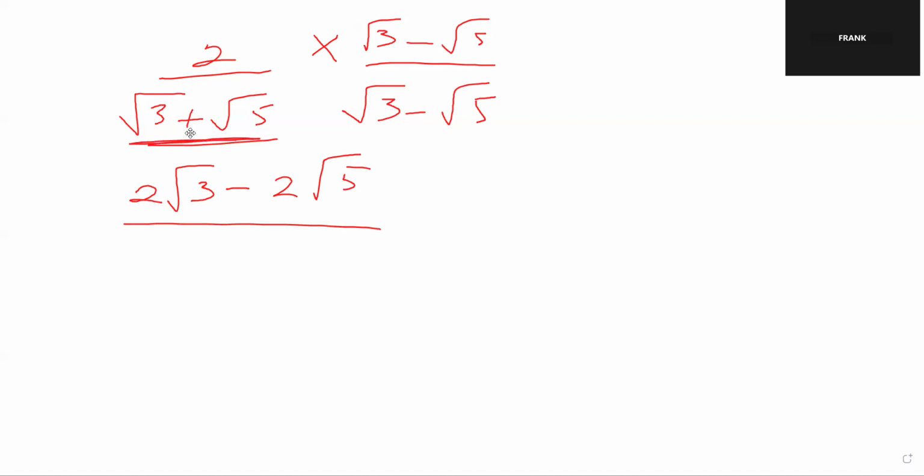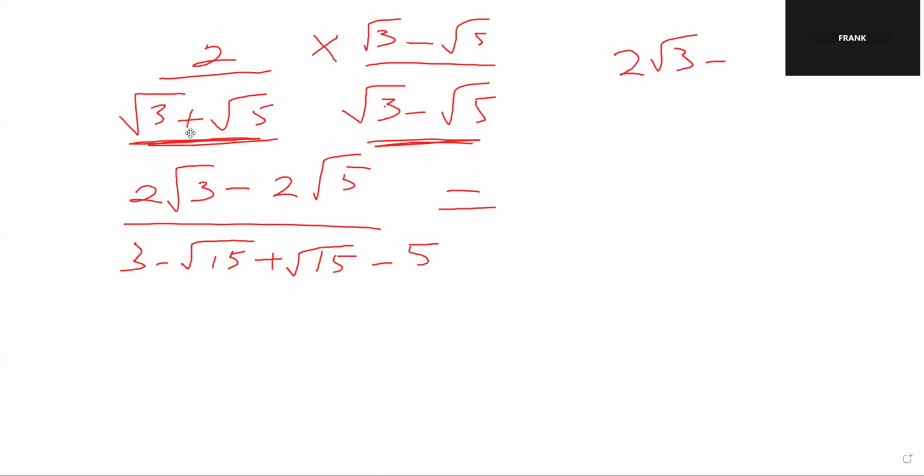Now I take this times this: root 3 times root 3 is 3, root 3 times root 5 is root 15. Root 5 times root 3 is also root 15. Root 5 times root 5 is 5, but it's plus times minus, which is minus. I'm going to have 2 root 3 minus 2 root 5 out of 3 minus 5.